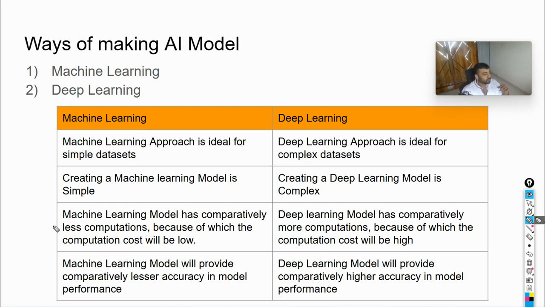So what I am mentioning over here is that if you are creating a AI model using machine learning approach, it has comparatively less CPU computations involved, because of which your computation cost on the cloud server will be less. On the other hand, on the same exact data, if you try to create a AI model using deep learning approach, it involves more mathematical computations on the CPU, because of which your computation cost will be high. So this is the third difference between machine learning and deep learning.